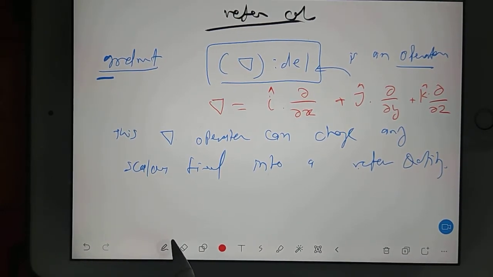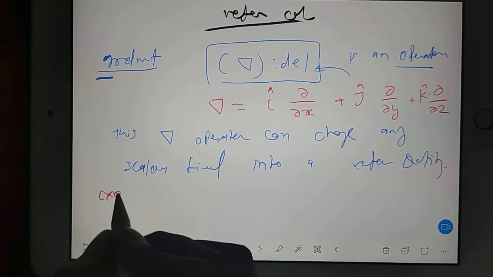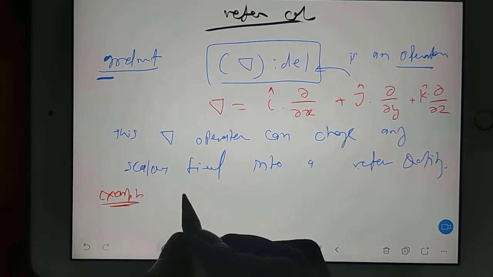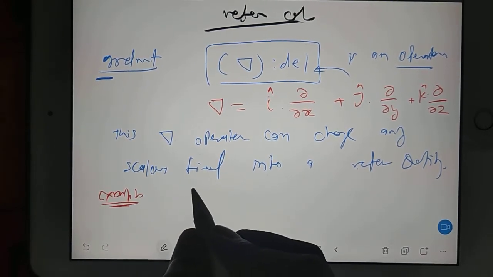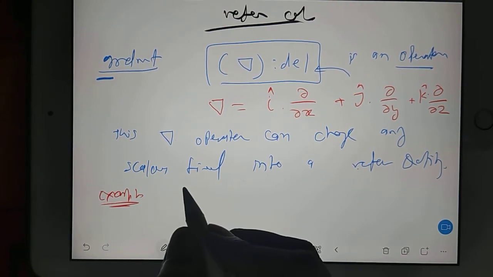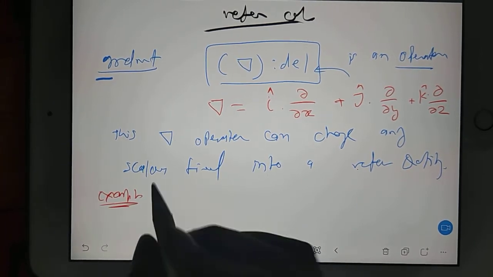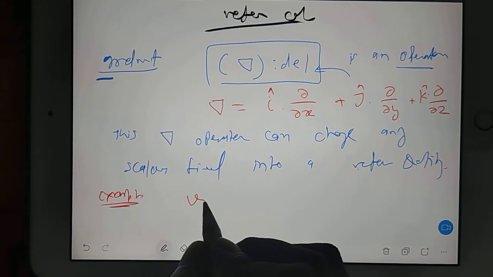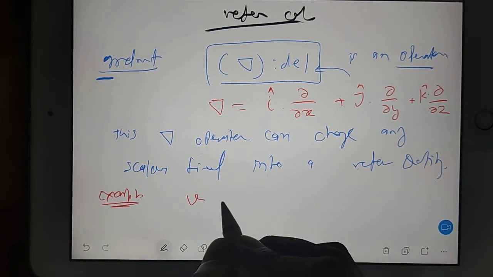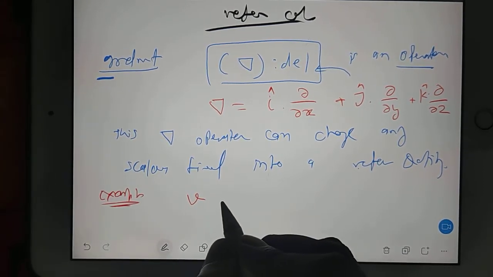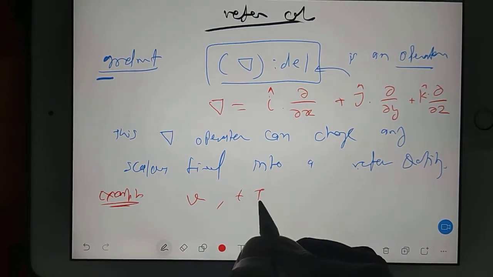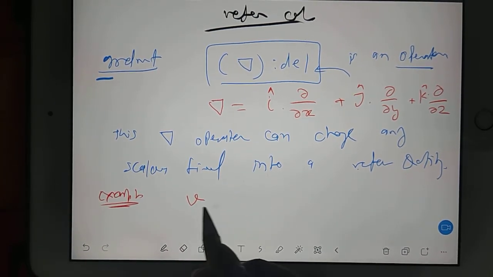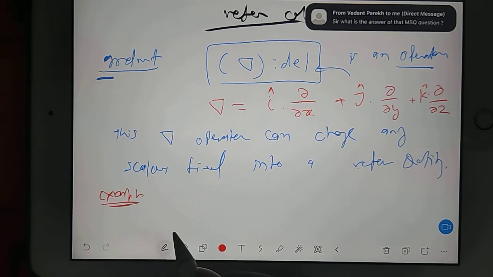Suppose, for example, you have any scalar quantity. Mostly in math or physics, whenever we have to represent velocity, we use v, correct? Whenever we have to use speed, we use v, u. Whenever we have to use temperature, we use small t or capital T. In the same way, it is a convention whenever we have to use a scalar.